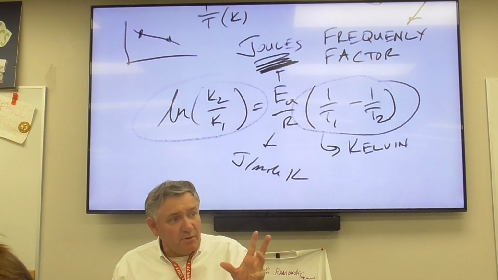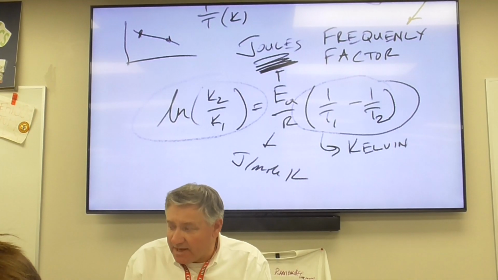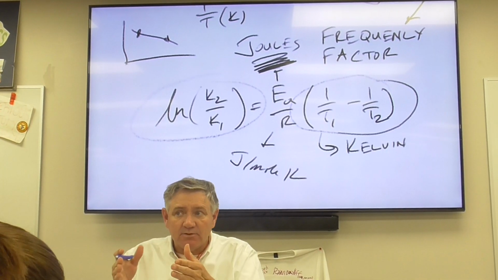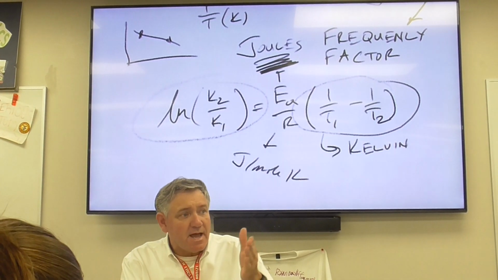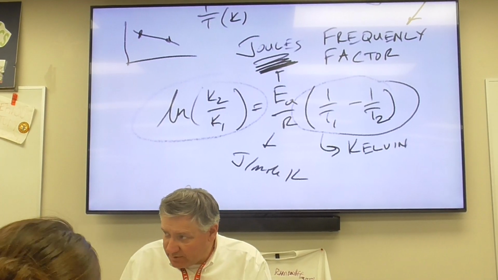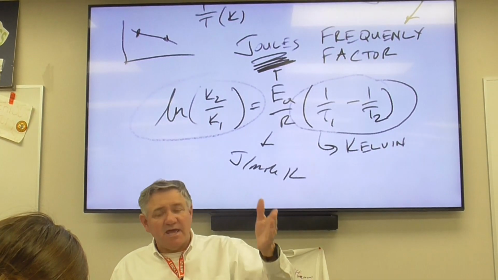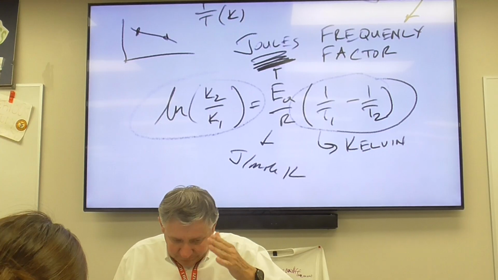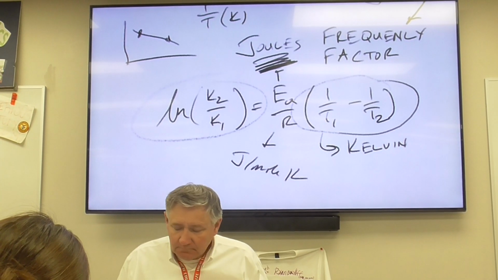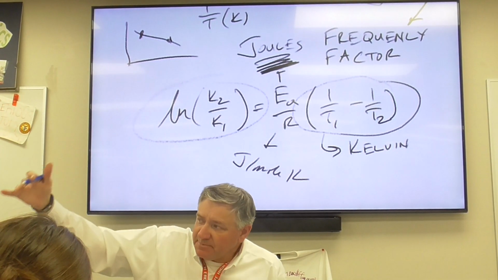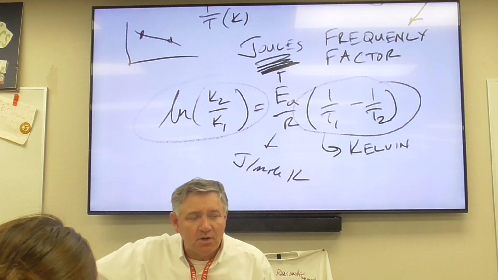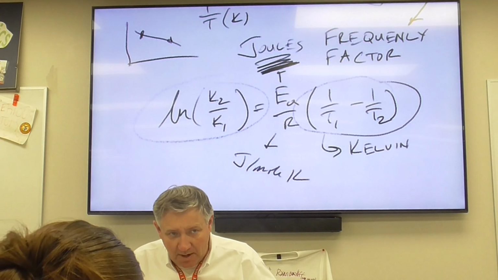So typically what would happen is that you're going to say, hey, a particular reaction at a temperature of 200 degrees has a K value of 10. We're going to raise the temperature to 300 degrees. What's going to be the new K value?